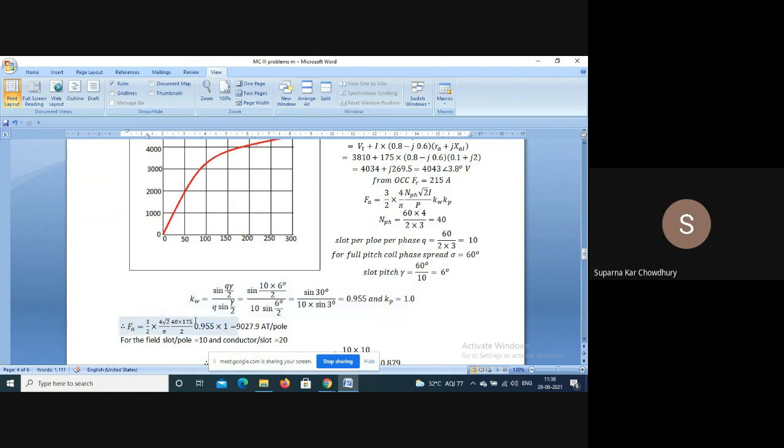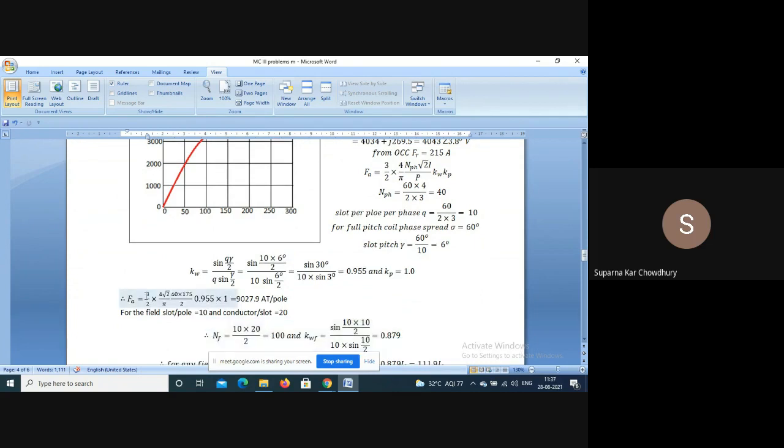From here we can get the value of FA, that is 3 by 2 into 4 root 2 into N phase into I by 2 into Kw, which gives 80 per pole.